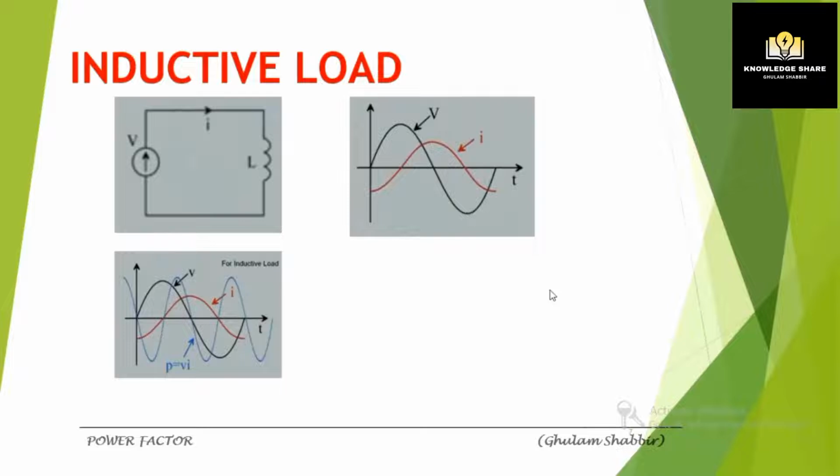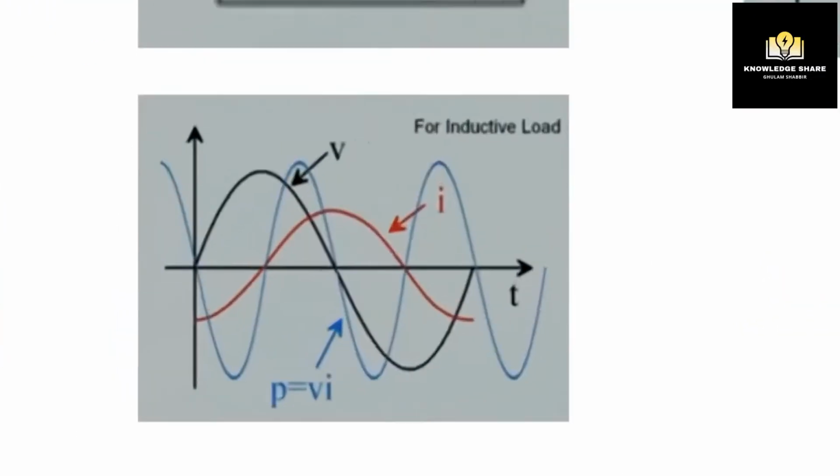You can see much difference from the resistive load waveform. Here you can see at origin angle 0, voltage is also 0, but the value of the current is on the negative side because it is lagging.